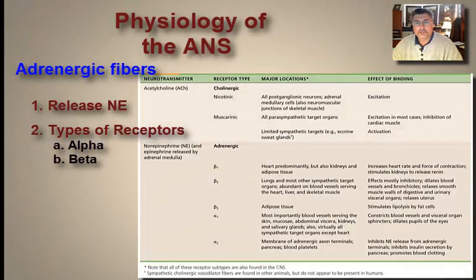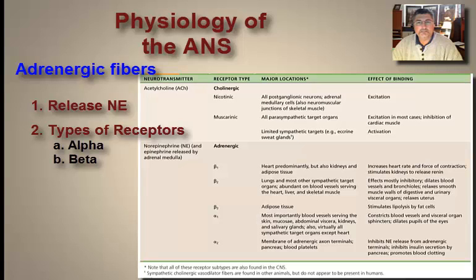Beta is usually going to be inhibitory, but can be stimulatory. Beta 1 has a heavy influence on heart rate and force of contraction. This is the one that we'd want to block if we're trying to oppose hypertension, and we would use something known as a beta blocker, which would typically block B1.